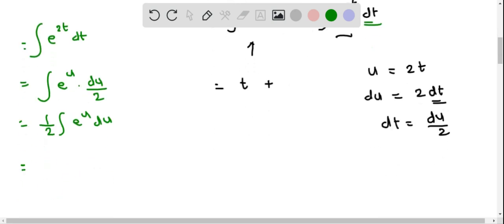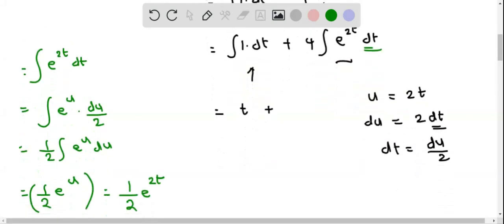Now this equals half e power u because the antiderivative of e power u is e power u, and we can do the back substitution for u, so it becomes a half e power 2t.